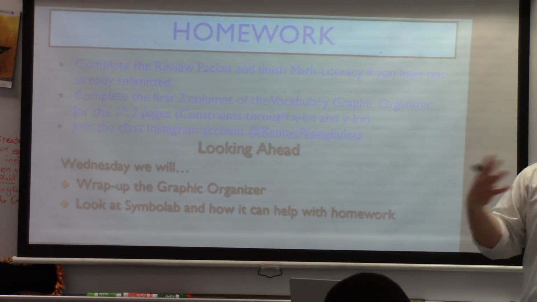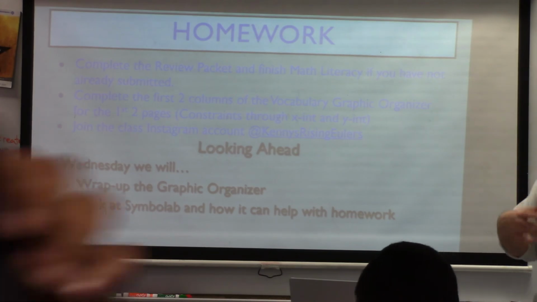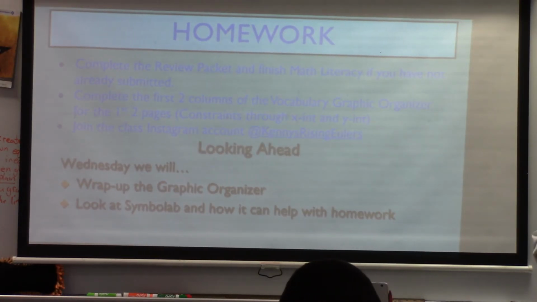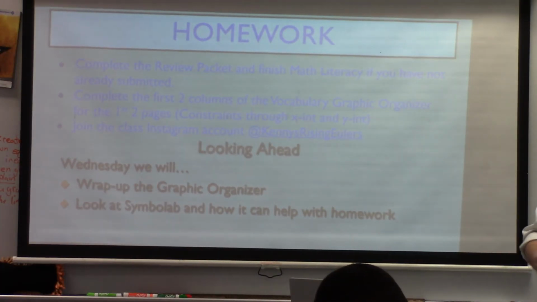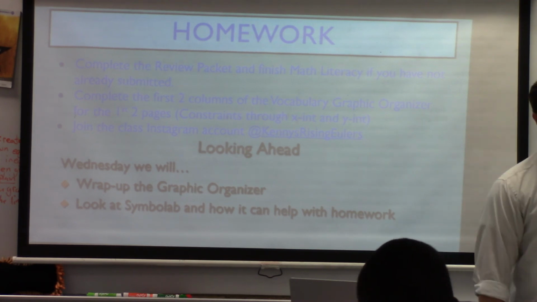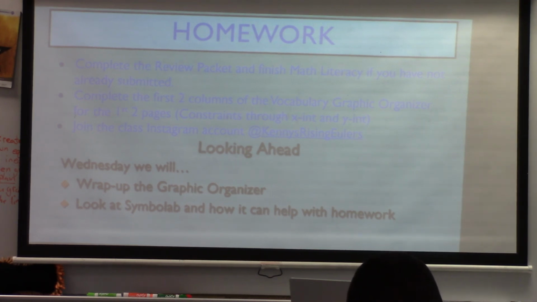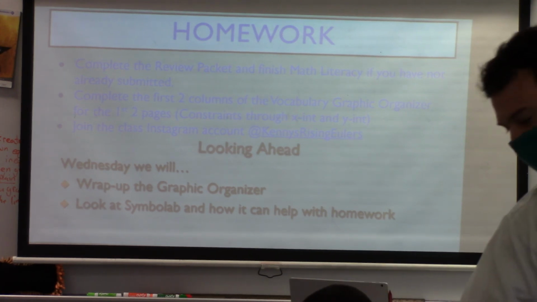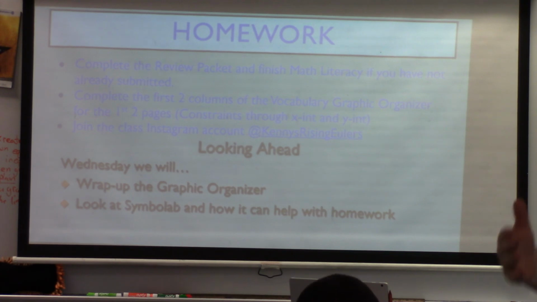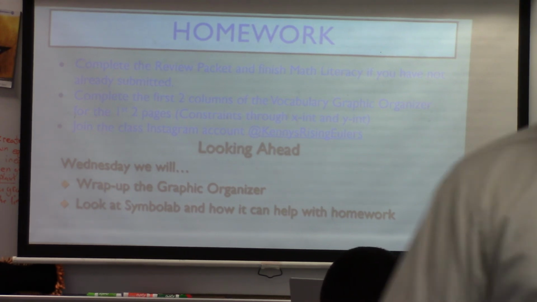It's really just the front and the back of the first page. You should already have some of this done because we did it before Christmas break, and before spring break too. But constraints through x-intercepts and y-intercepts, just defining some vocabulary terms. Also, use your notes, 5.1 to 5.4. It's honestly in order. So start at 5.1 for the first term, and then it goes through 5.4 for all the terms total.